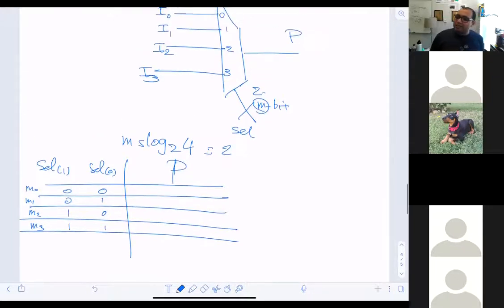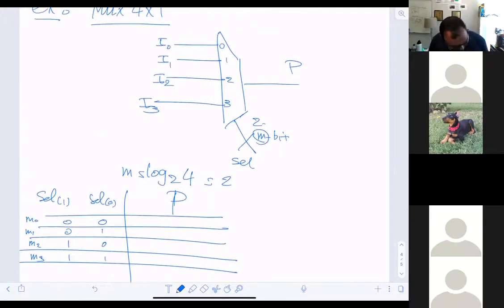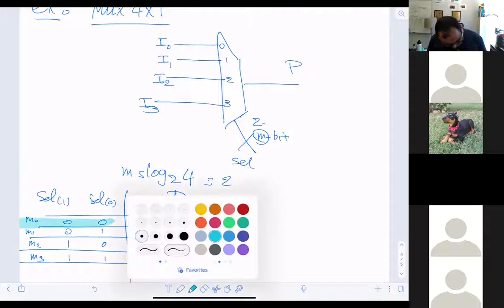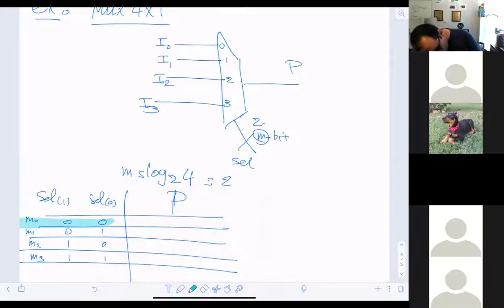So how am I going to mention it here? When the M0 happens, 0, 0, pretty much I'm saying that my output will be I0. Then when M1, my output will be I1.